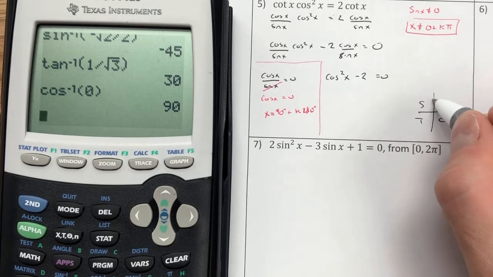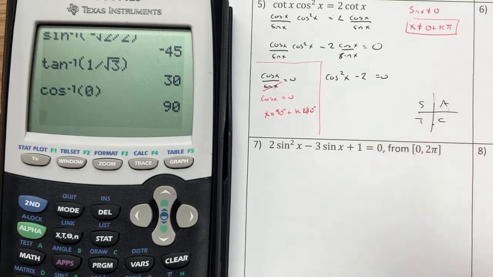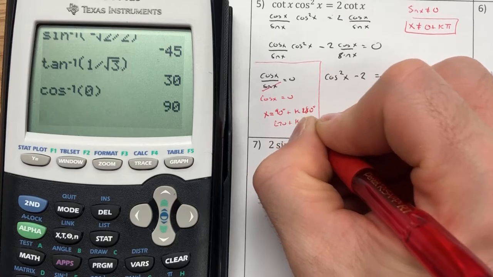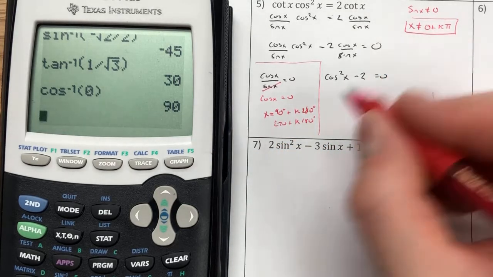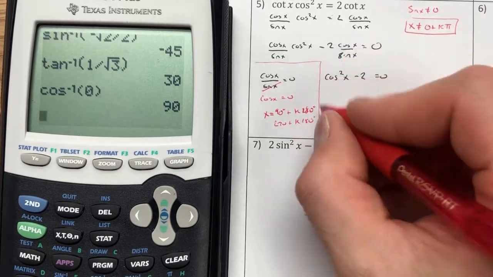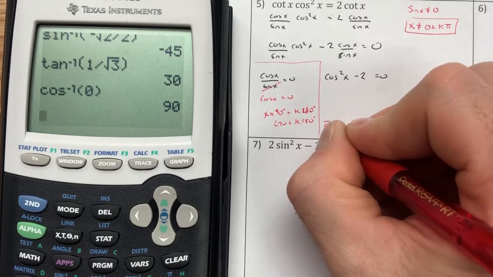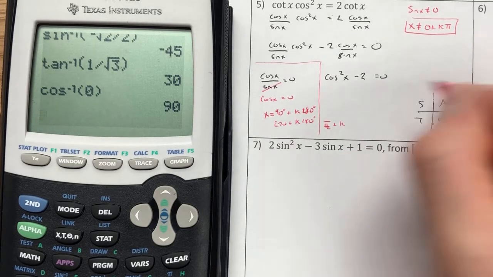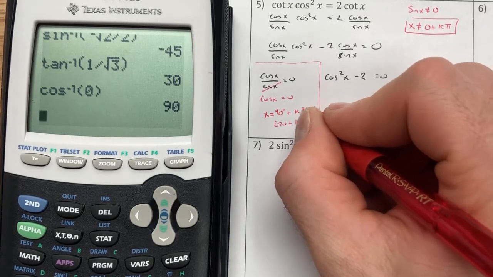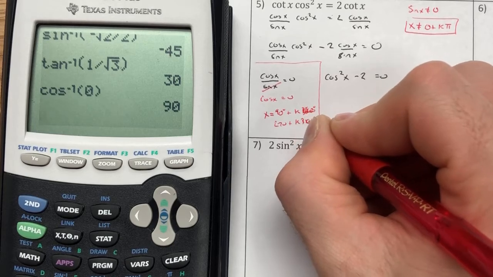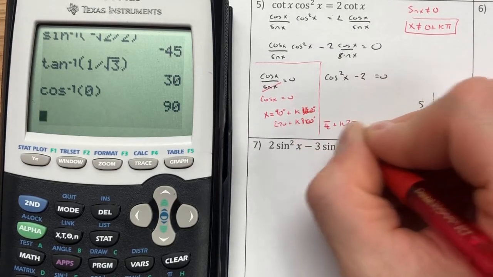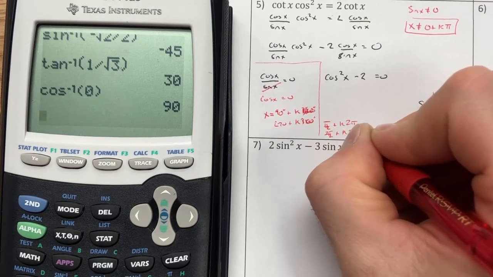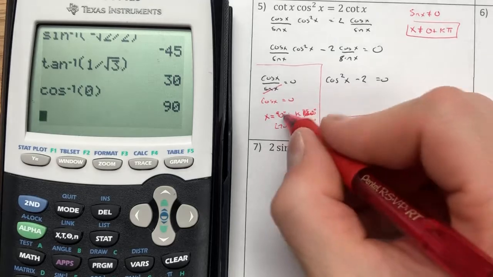Okay, so it happened at 90. It's going to happen again at 270. If I want to write that in radians, I would say that is pi over 2 plus k 2 pi, or I would say 3 pi over 2 plus k 2 pi. I can do either one of those.